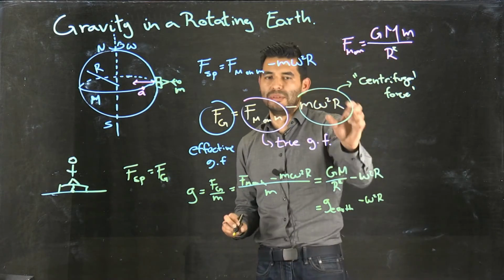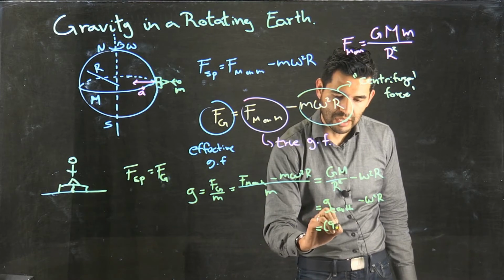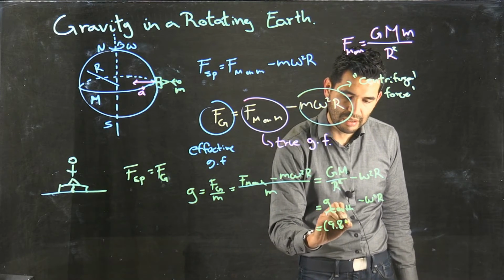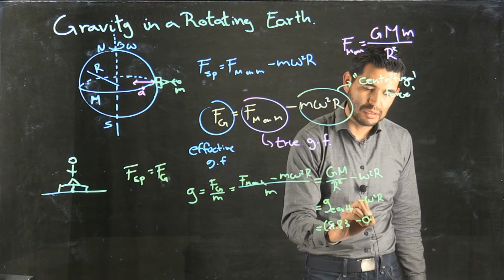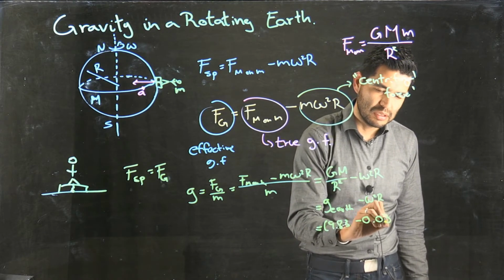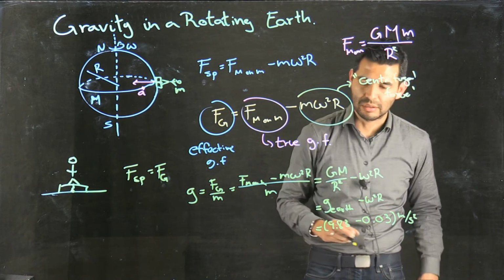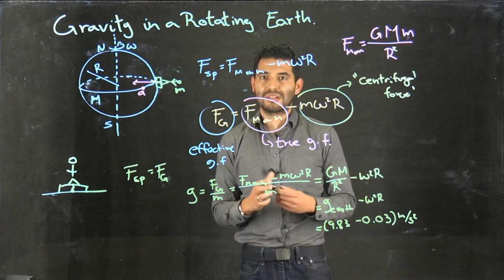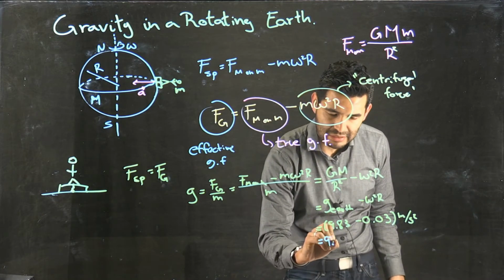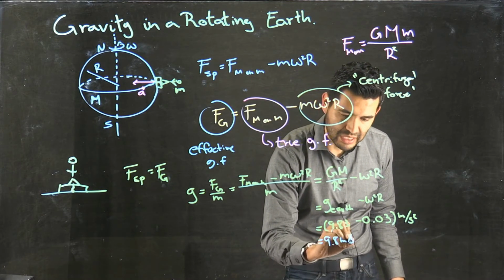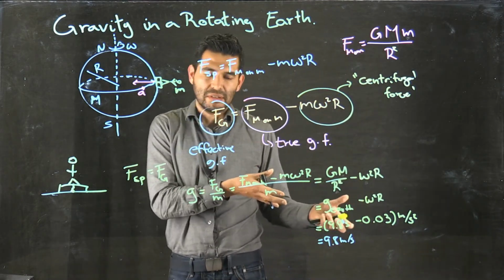If we plug in all these numbers, we get 9.83 and some more digits minus 0.03, everything in meters per second squared, which turns out to reduce to the 9.8 meters per second squared that we know and love and that we've been using all this semester.